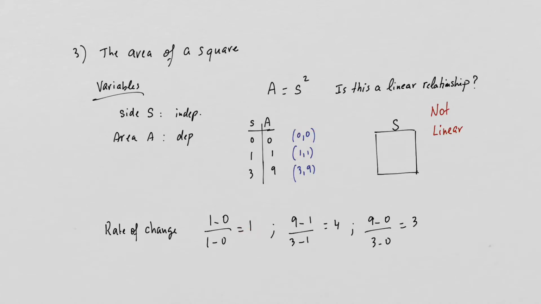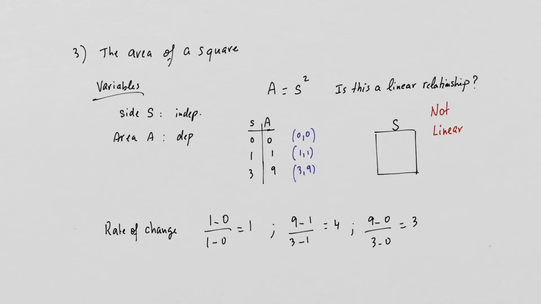But if I use these 2 points, I get 9 minus 1 over 3 minus 1, which is 4. I could stop right there. The rate of change is not fixed. So I know for a fact that this relationship between S and A is not linear.